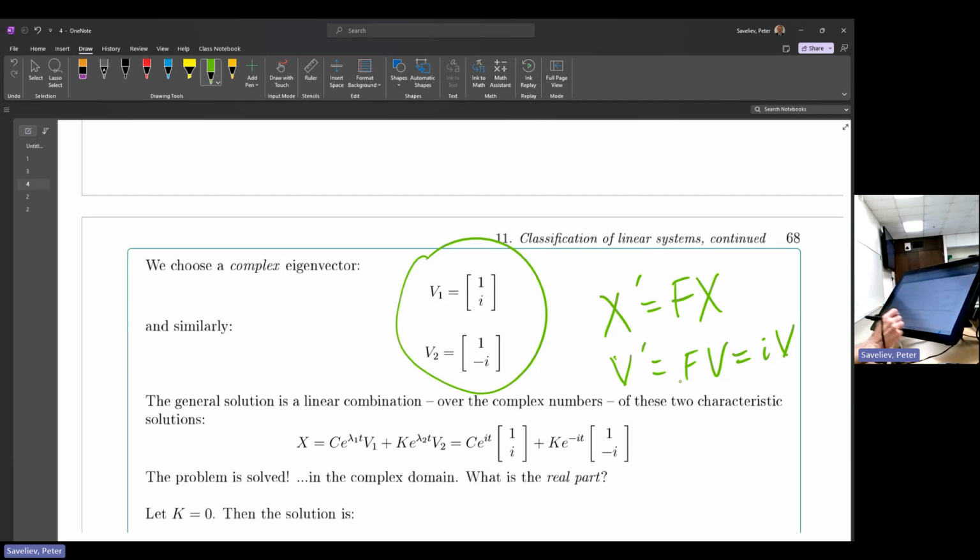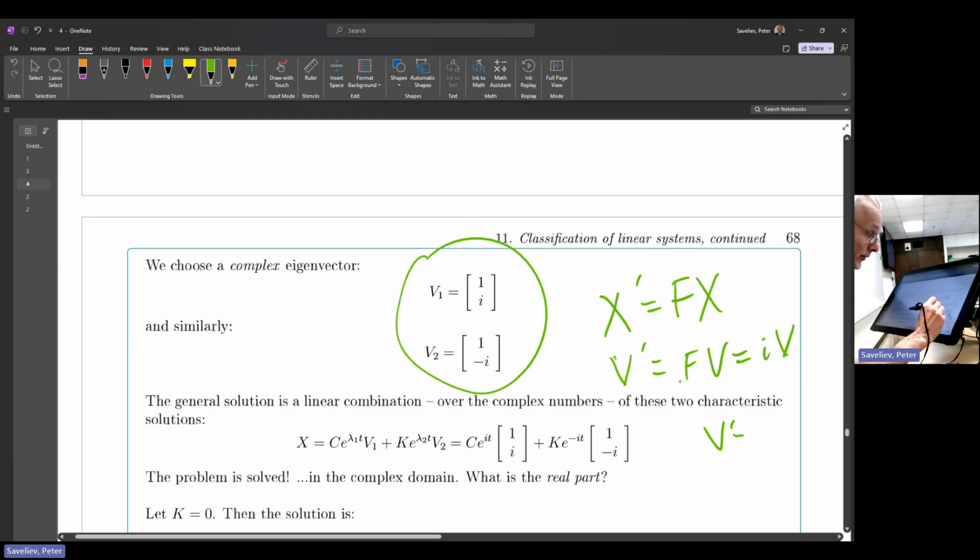In other words, we're staying within one direction. If we stay within the direction of the eigenvector, also known as the eigenspace, then what does my linear operator do? It multiplies everything by i. So we end up with this equation: v prime is equal to iv.